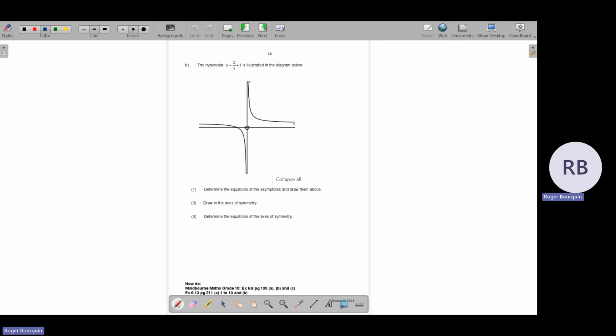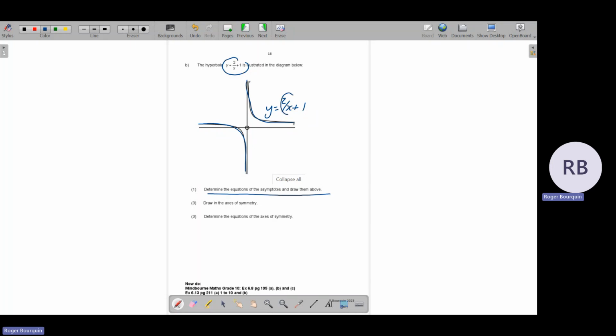I want us to have a look at this one over here. It says you've got the function y is equal to 2 over x plus 1 illustrated in the diagram above. So they've given you the equation of this graph. The first thing you've got to find is the equation of the asymptotes and draw them above.